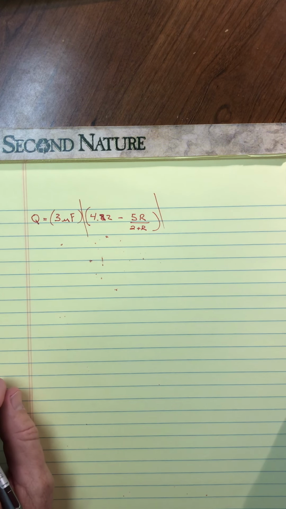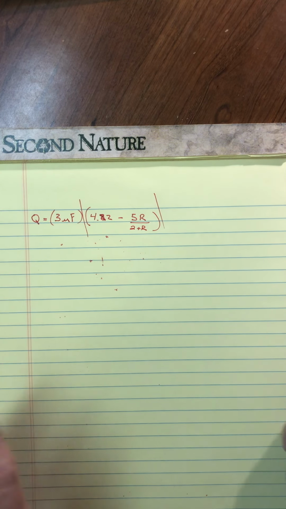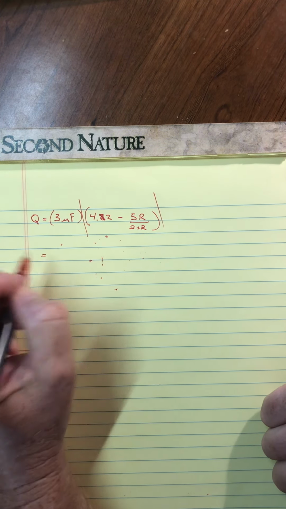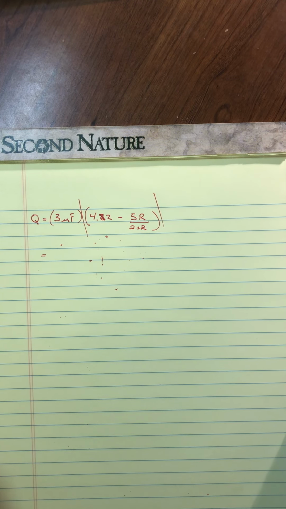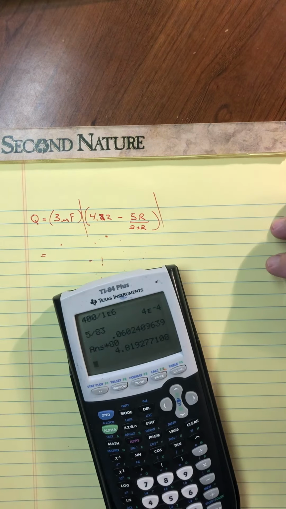And in fact, I think I'm done here. It said write out the equation. I guess I could do a distributive property if you want, and maybe I should.